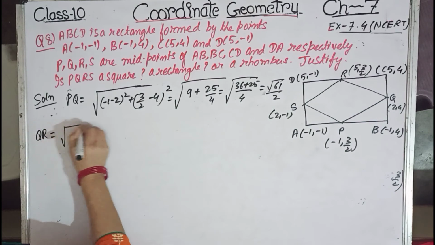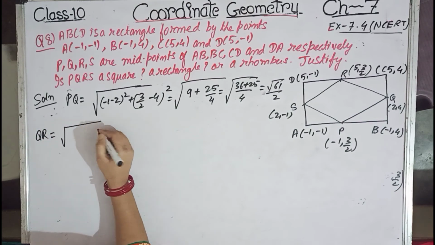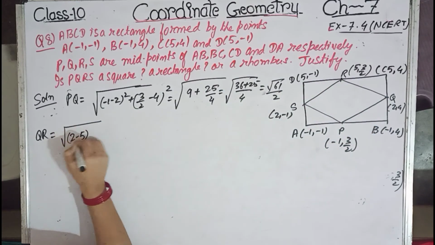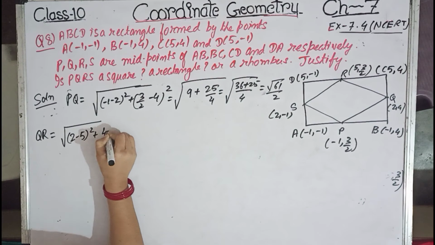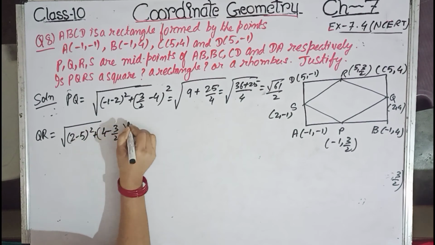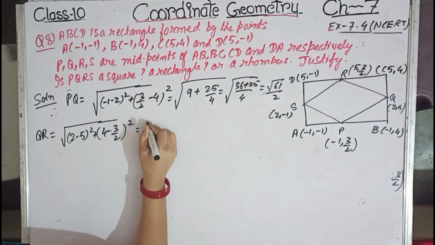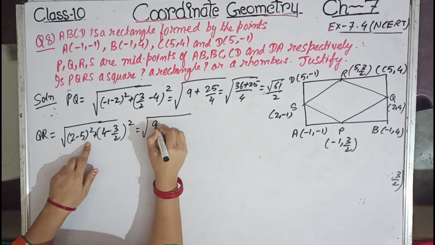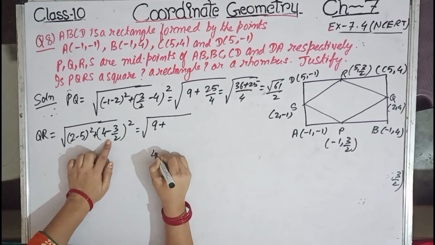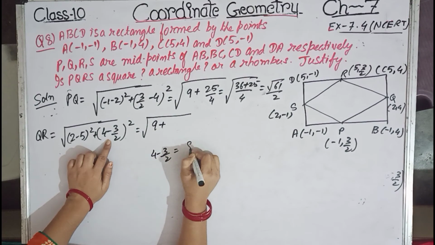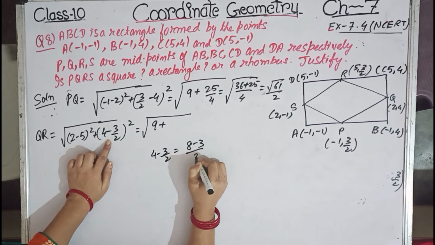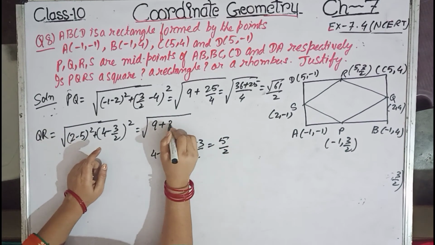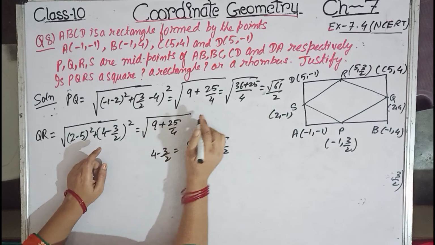QR equals to, this one, under root (2 minus 5) whole square plus (4 minus 3/2) whole square. So this will be equals to 2 minus 5 is minus 3, and minus 3 square is 9, plus over here 4 minus 3/2 will be equals to 8 minus 3/2, that is 5/2, and 5/2 square again is 25/4, same thing we are getting.